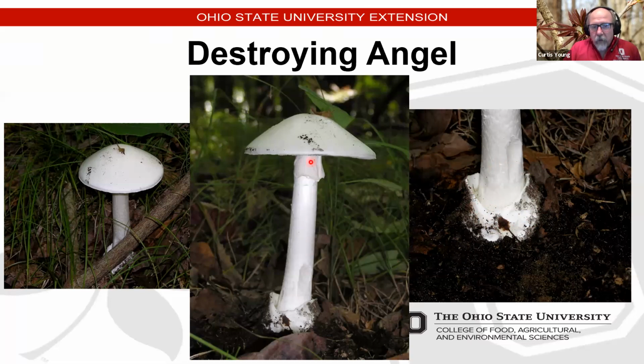Pure white, has an annulus ring, white gills, white cap, white stalk, and incredibly toxic. So it looks similar to that smooth parasol that we saw at the beginning of the presentation, but distinctly has that definitive cup at the base of the stalk. These can be hidden down in the soil, and that's part of the precaution of digging these specimens out completely before collecting anything for consumption.